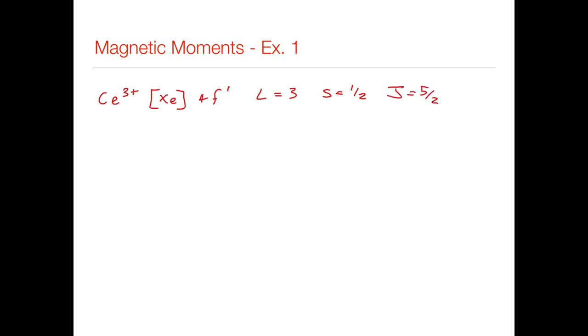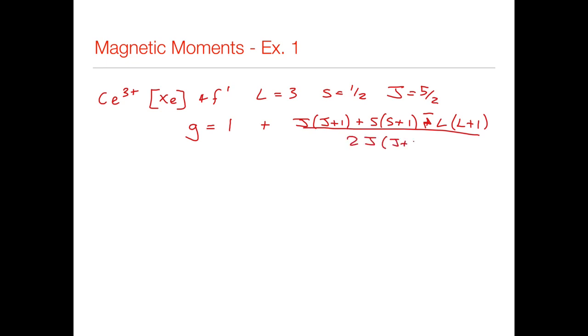Okay, so for the Landé g factor, we need to use the formula: 1 plus [J(J+1) plus S(S+1) minus L(L+1)] all over 2J(J+1).